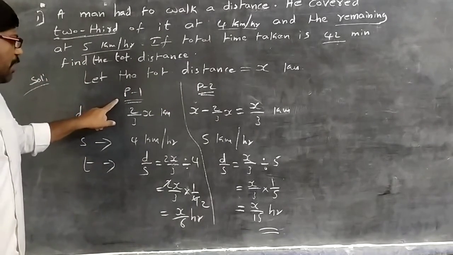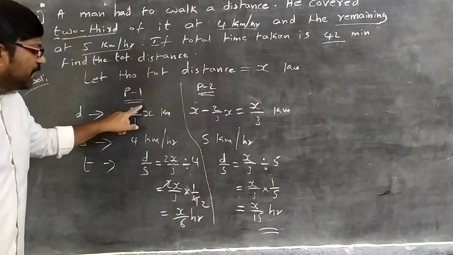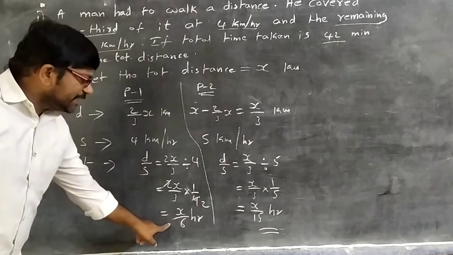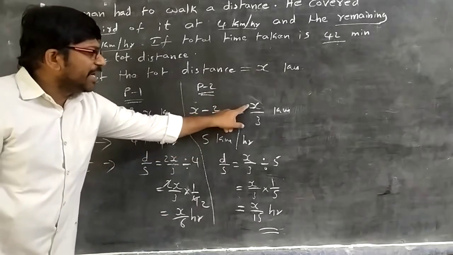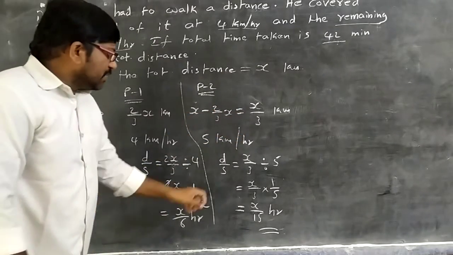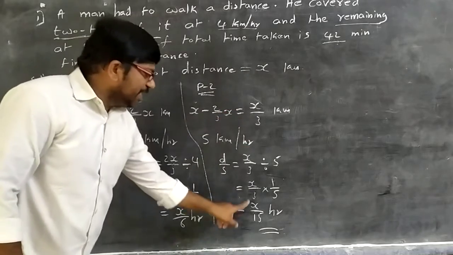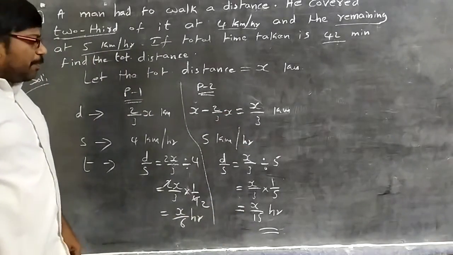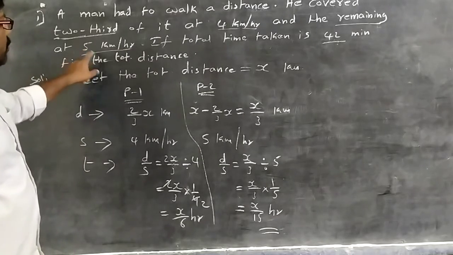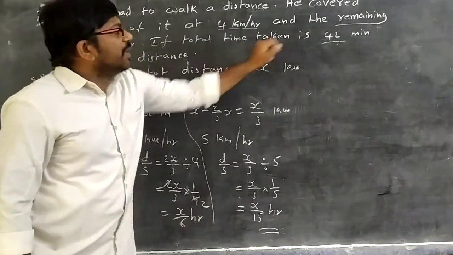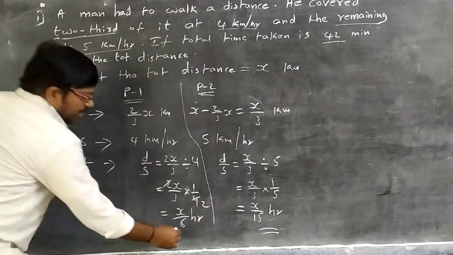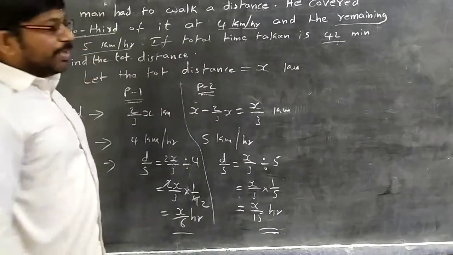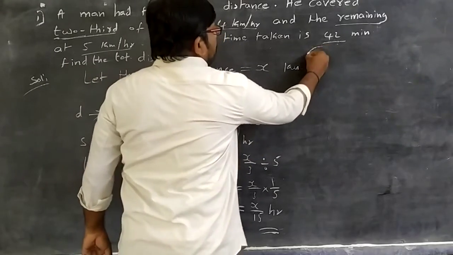So to cover the distance 2/3 of x, the time taken is x by 6, and for the remaining distance x by 3, the time taken to cover this distance is x by 15 hours. According to the problem, the total time taken is 42 minutes, which means this time plus this time gives 42 minutes.